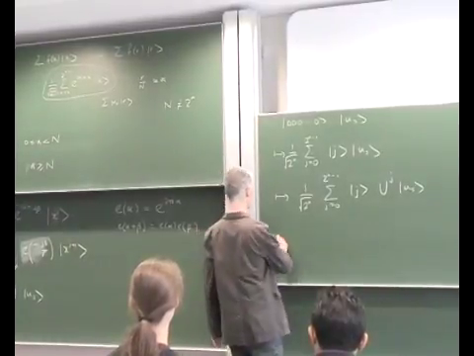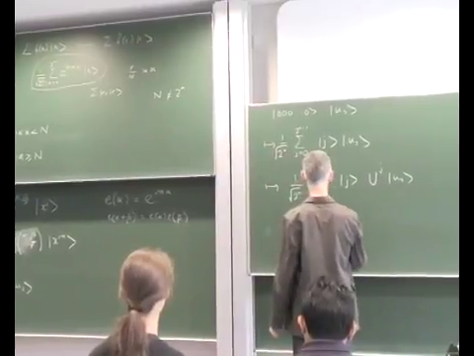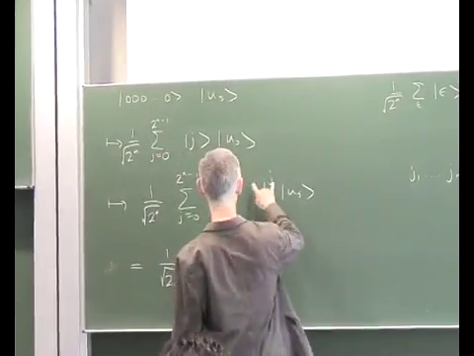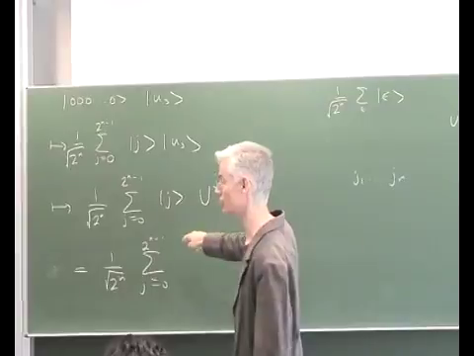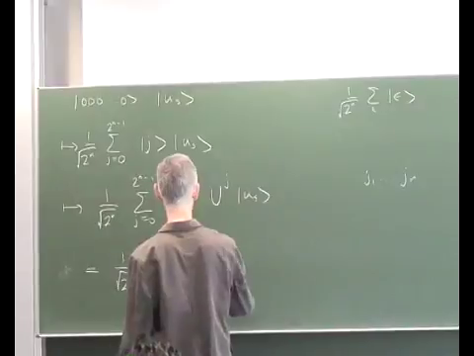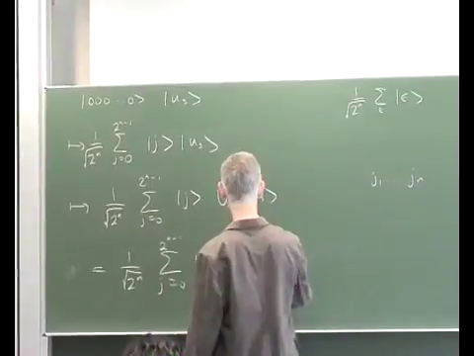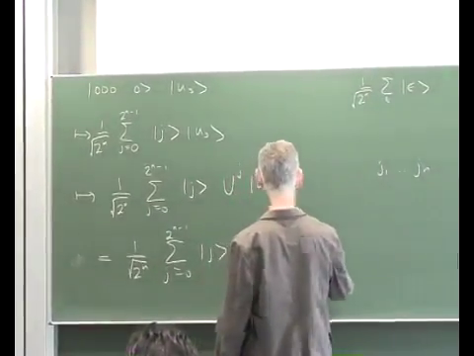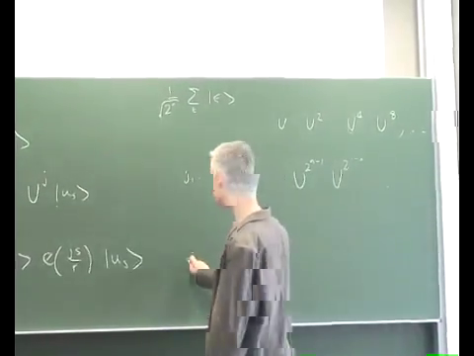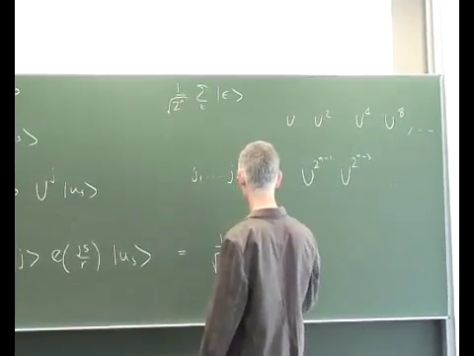So if we can do that, then this equals 1 over root 2 to the n, sum j equals 0 to 2 to the n minus 1, and then U to the j of u_s is just, because u_s is an eigenvector with eigenvalue e to the 2 pi i s over r, we get e to the 2 pi i js over r u_s. And let's just think of that as 1 over root 2 to the n sum.